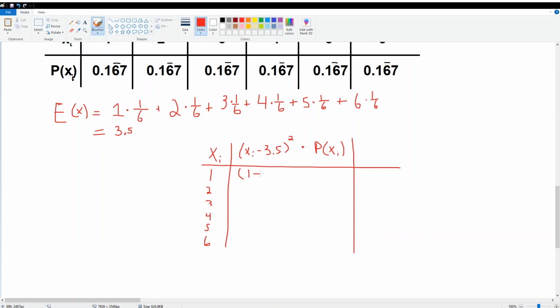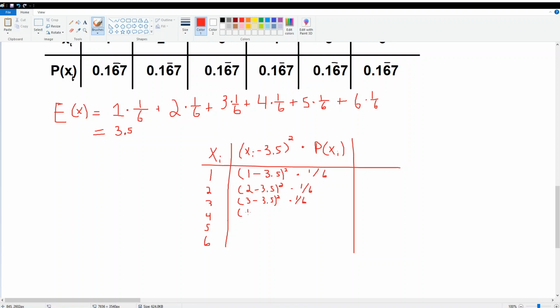So we're going to have 1 minus 3.5, square that and multiply it by p of 1, which is 1/6. Our second one is 2 minus 3.5, square that times 1 out of 6. Our third one, 3 minus 3.5, square that times 1 out of 6.